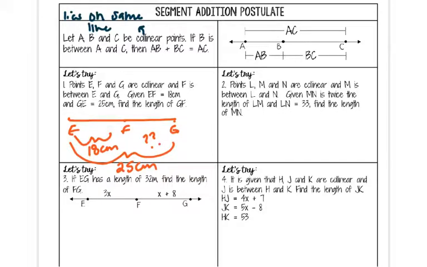I suggest that every time you have a problem like this, you draw it out so that you have a mental picture of what's being asked. We have part of the line and we have the entire line. We know that the whole thing is 25.